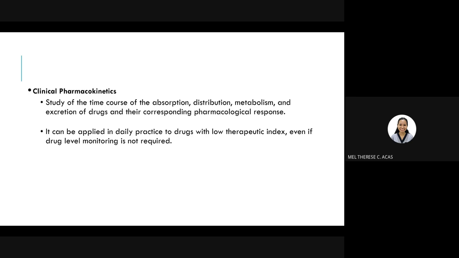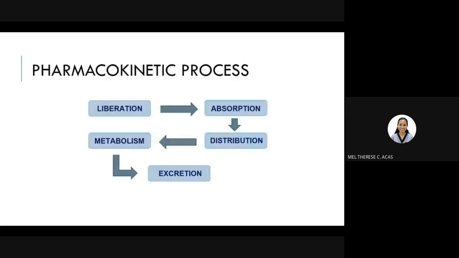Clinical pharmacokinetics can be applied in our daily practice when it comes to therapeutic index. An example is digoxin, which has a narrow therapeutic index. Even a small amount may lead to a toxic or a therapeutic dose. For the pharmacokinetic process, it starts with liberation, then absorption, distribution, metabolism, and excretion.